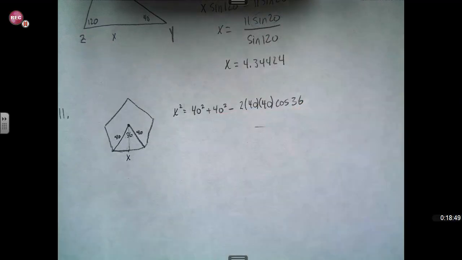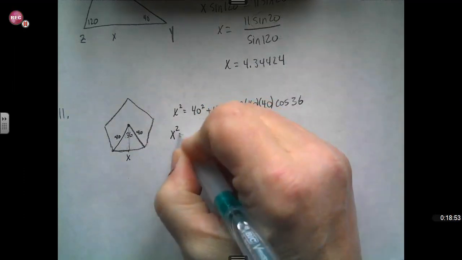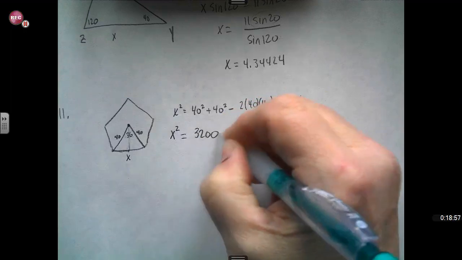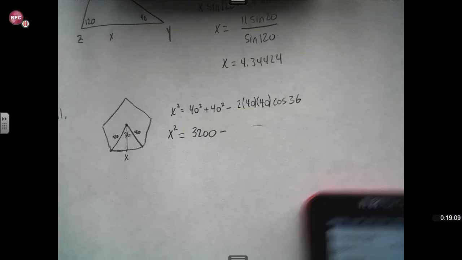But I've already embarked on this adventure here, so I'm going to stick with it. 1600 and 1600 is 3200 minus 2 times 40 times 40, then multiply that by the cosine of 36.